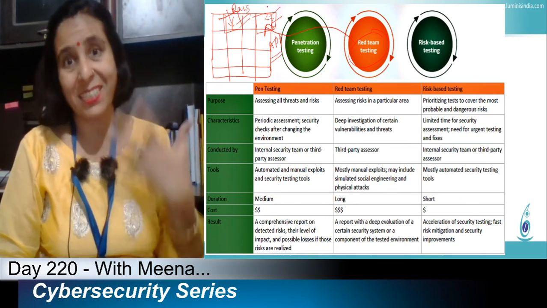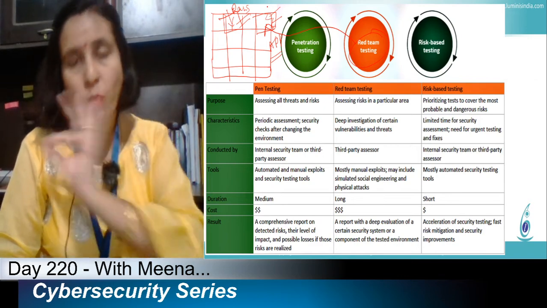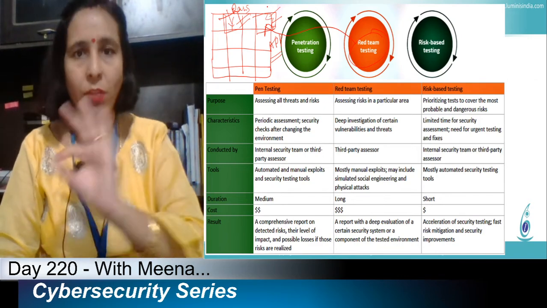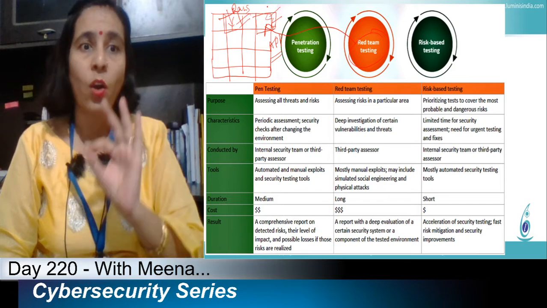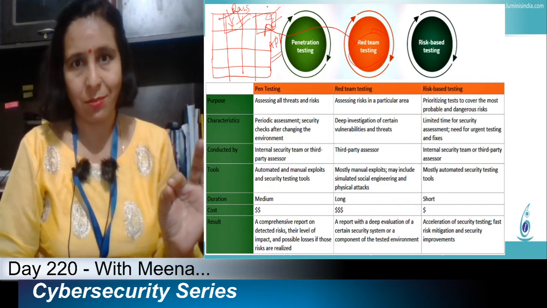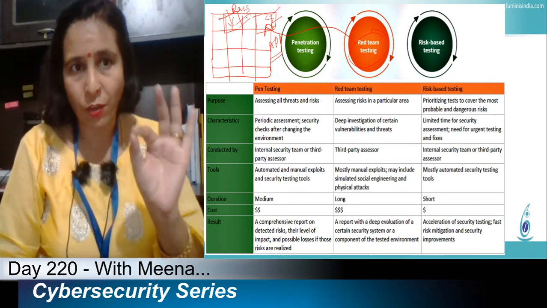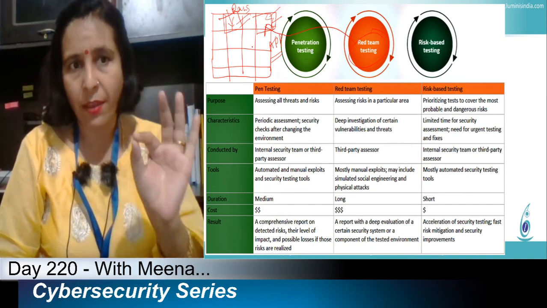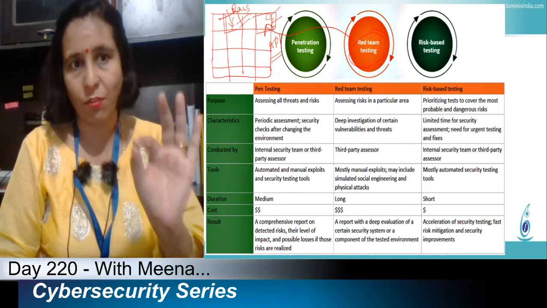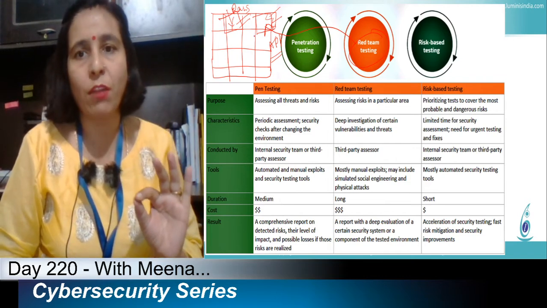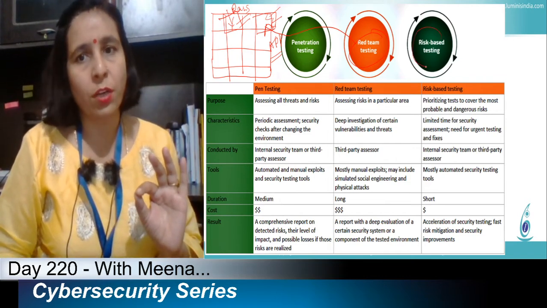But now we want to find out what way the hacker took, how they entered our systems, and what methods they used. So for a particular point in time, or a particular area, or a particular risk that we want to calculate, it will be security-based testing.